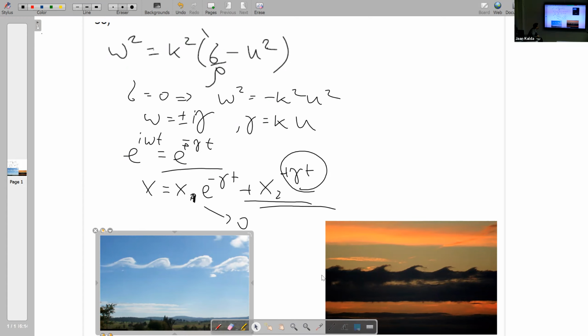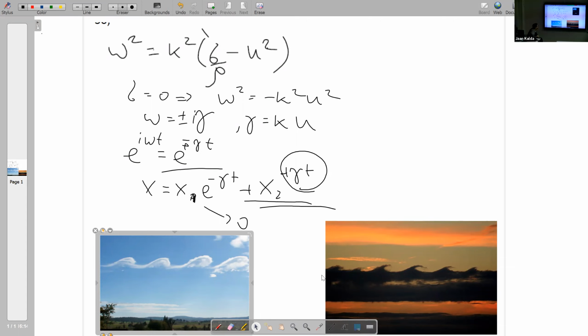And then if the wind is not strong enough, then actually gravity can stabilize. Like here in this formula, if U is small, then instability will not evolve. Omega is real, which means that you have sinusoidal dependence and not exponential.